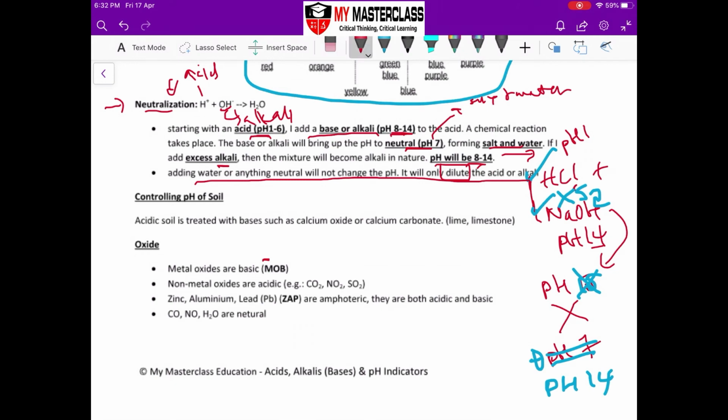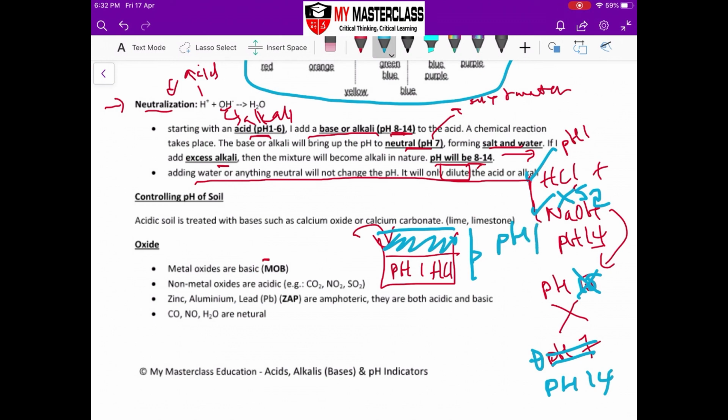So what does this mean? Now if you have a beaker of HCl pH 1, and I add a lot of water until here, this part is all water that I add in. In the final beaker, what's the pH? The pH will still be 1.